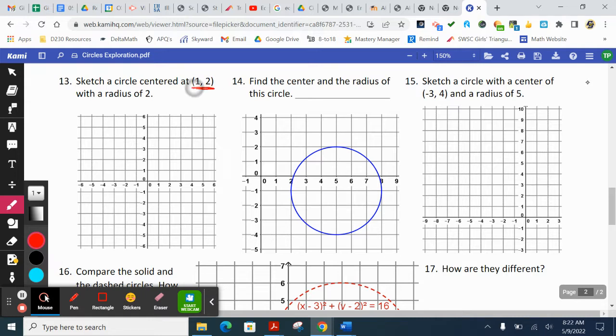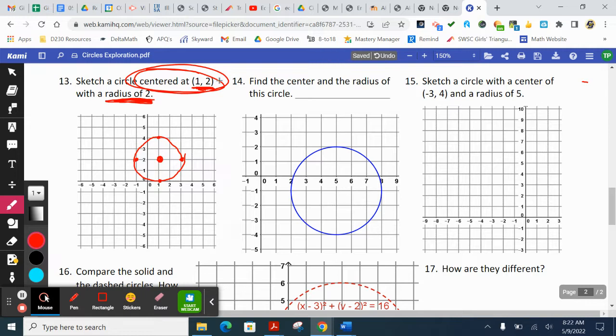Nothing crazy. We should all be able to plot a point. So you go to the point 1, comma 2. And then if our radius is a 2, the one that we can get accurately is 2 to the right, 2 above, 2 to the left, and then 2 below. And then as best you can, sketch in a circle connecting those 4 dots. Notice again, though, we're not centered at 0, 0 anymore. That's going to change our equation here momentarily.